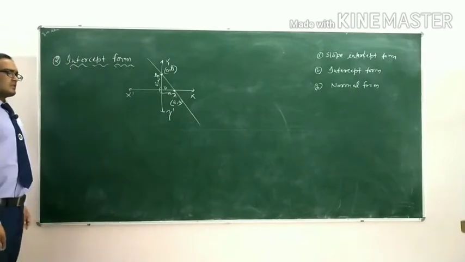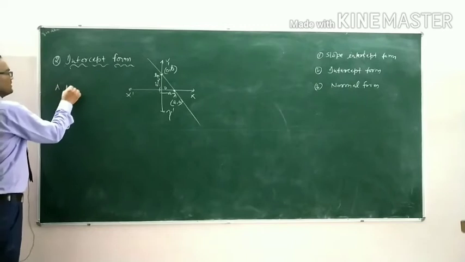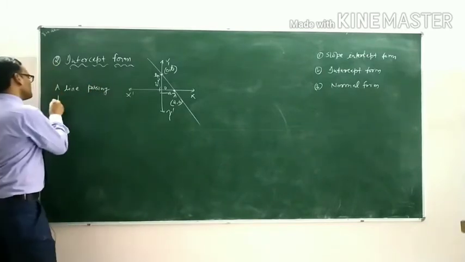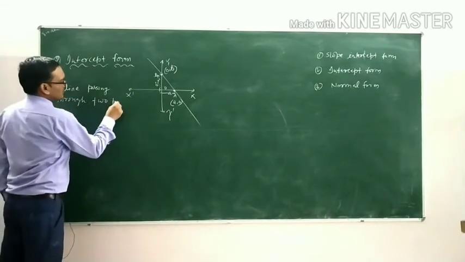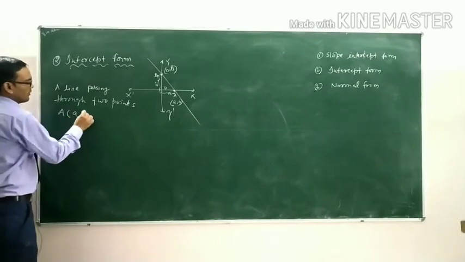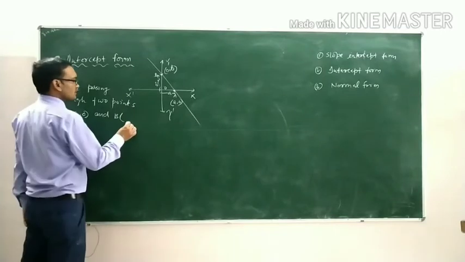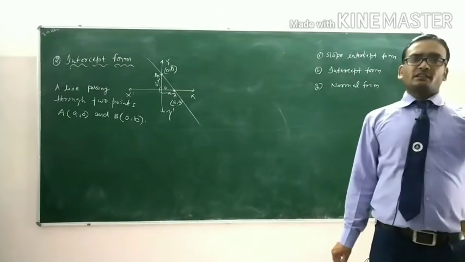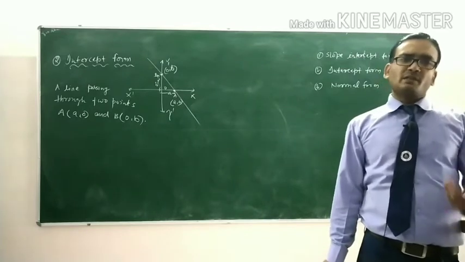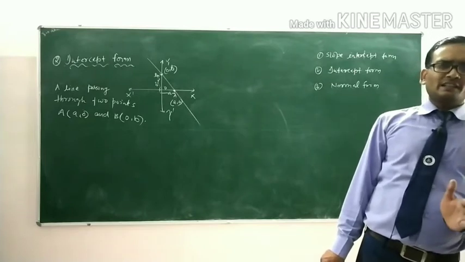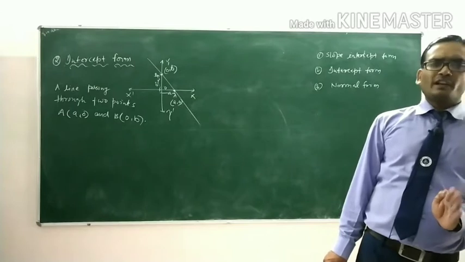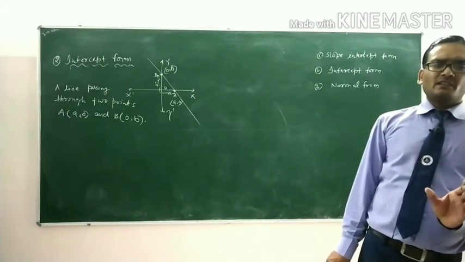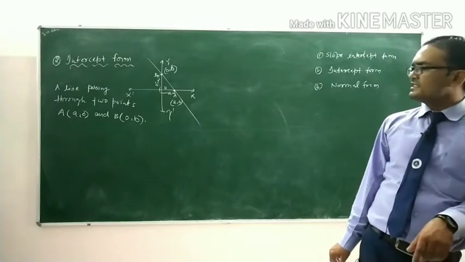Here a line is passing through 2 points, A comma 0 and 0 comma B. Okay students, that means if a line has x intercept A and y intercept B, that means the line passes through the 2 points; the line intersects the x axis at point A and the y axis at point B. If the x intercept is A, then the coordinate of point A is A comma 0.